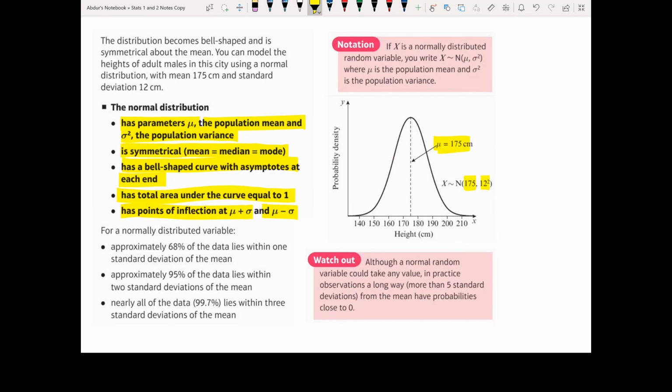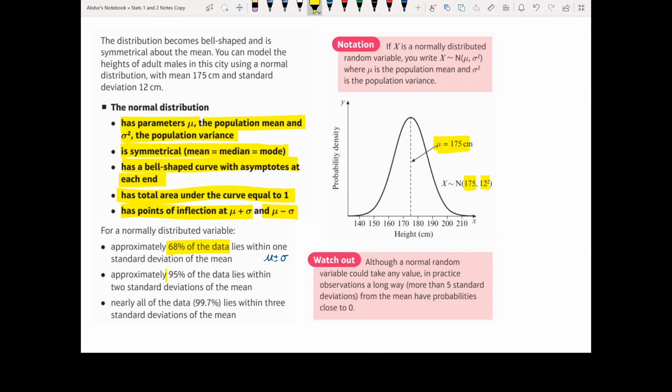Other key features that we need to understand about the normal distribution is that approximately 68% of the data will lie within one standard deviation of the mean. What that means is mu plus or minus one standard deviation, 68% of the data will lie.